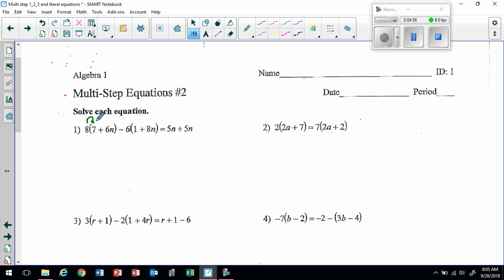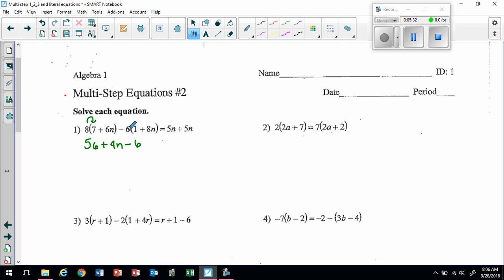So 8 times 7 gives you 56, plus 8 times 6. That gives you 48. That's a positive 48. And it's a 48n. Now I have a negative 6 times 1. So a negative 6 times 1 is going to give me a negative 6.